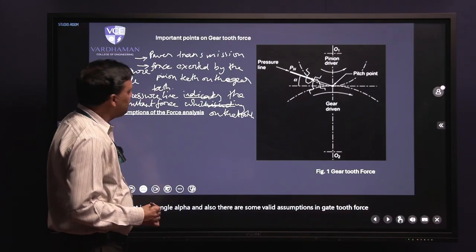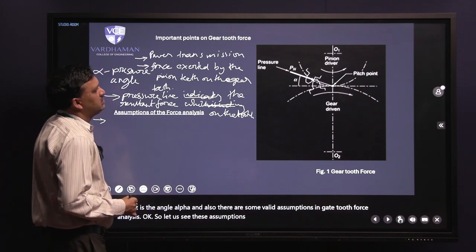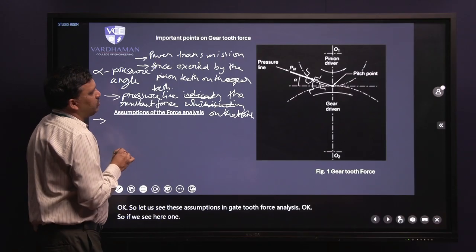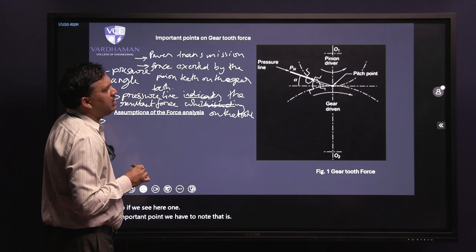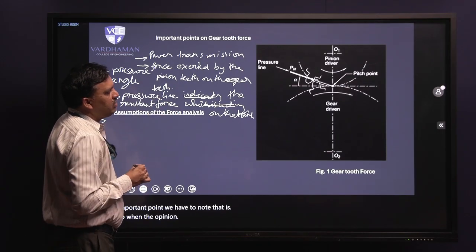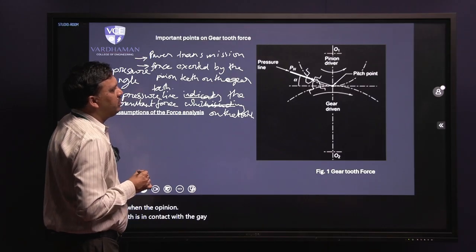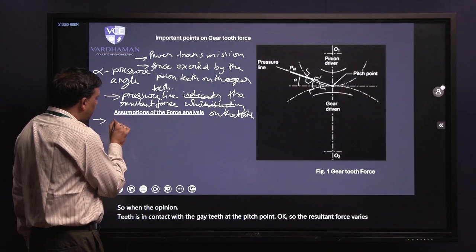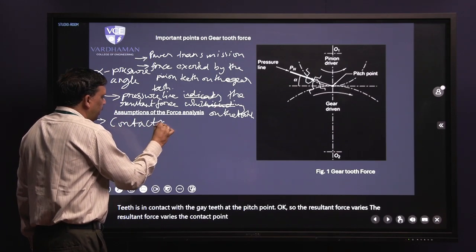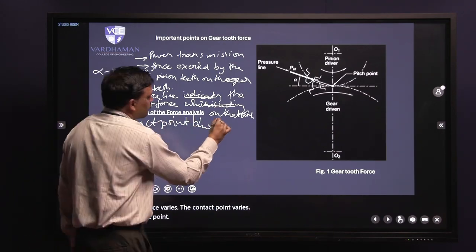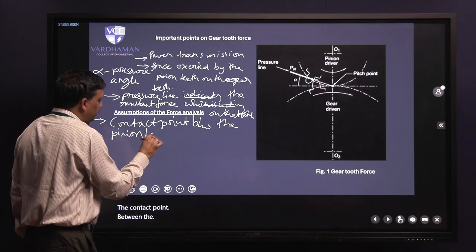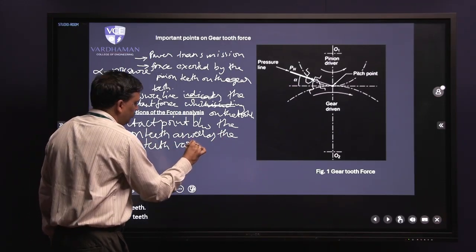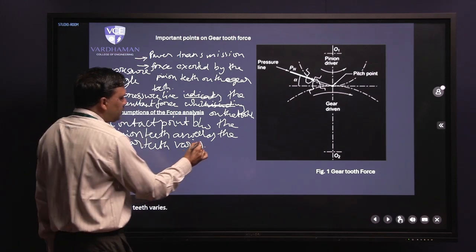Okay, let us see these assumptions in gear tooth force analysis. One important point we have to note is that when the pinion teeth are in contact with the gear teeth, the contact point between the pinion teeth as well as the gear teeth varies, and so the resultant force also varies.